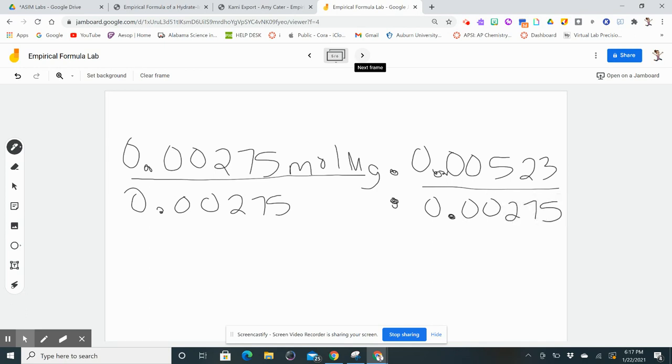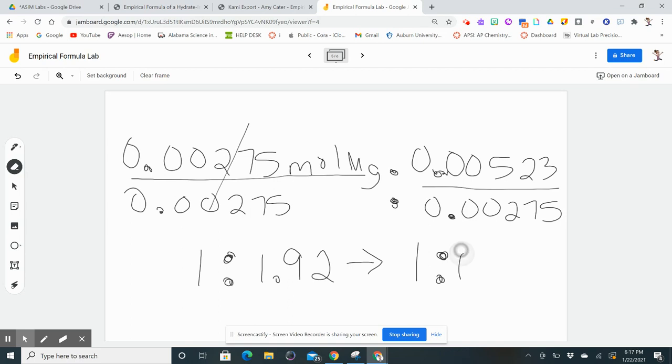Okay, so this just cancels to 1. And if I divide that out, 0.00523 divided by 0.00275 comes out to be 1.92, which is pretty much 2. Okay, so my ratio is 1 magnesium and 2 chlorines.